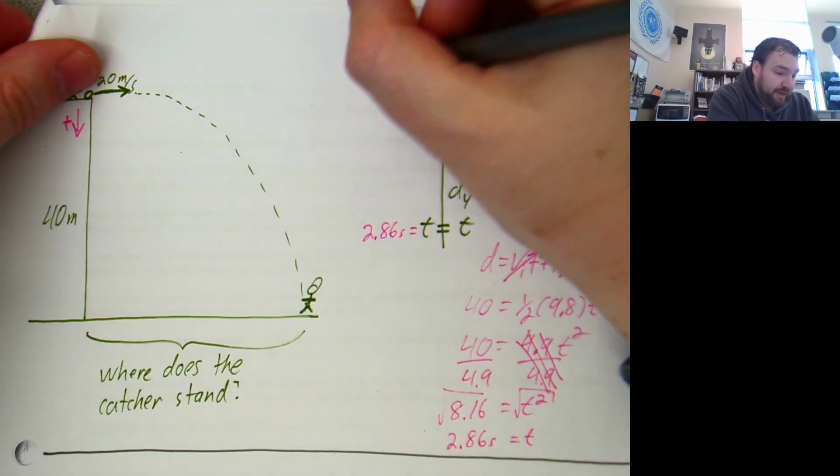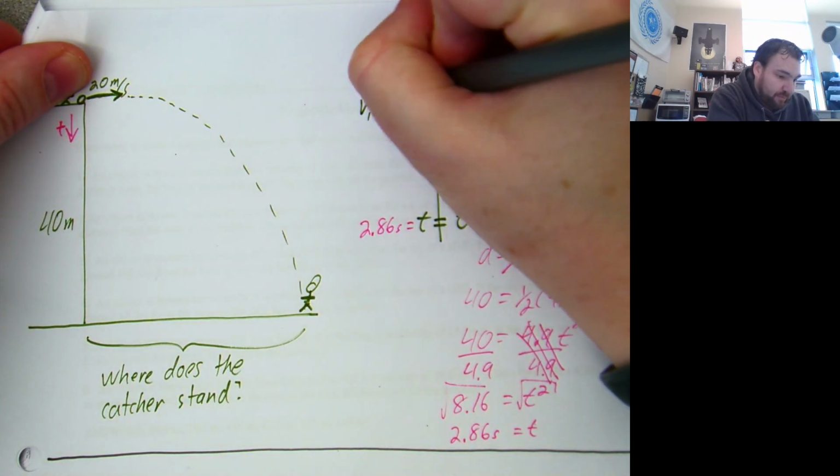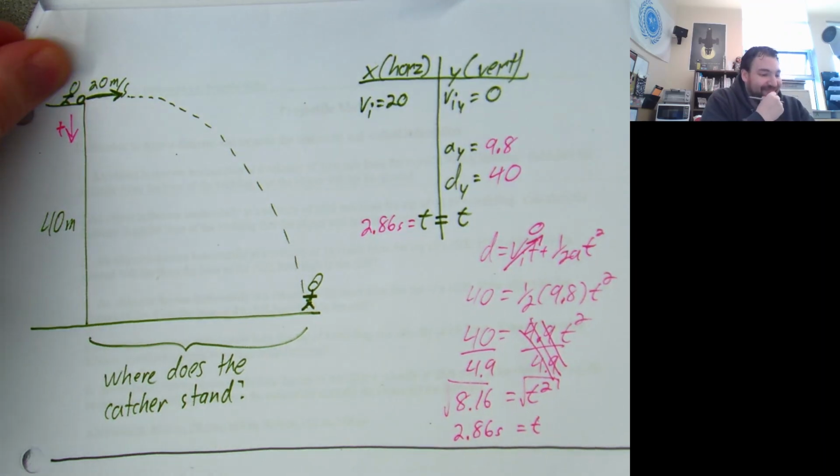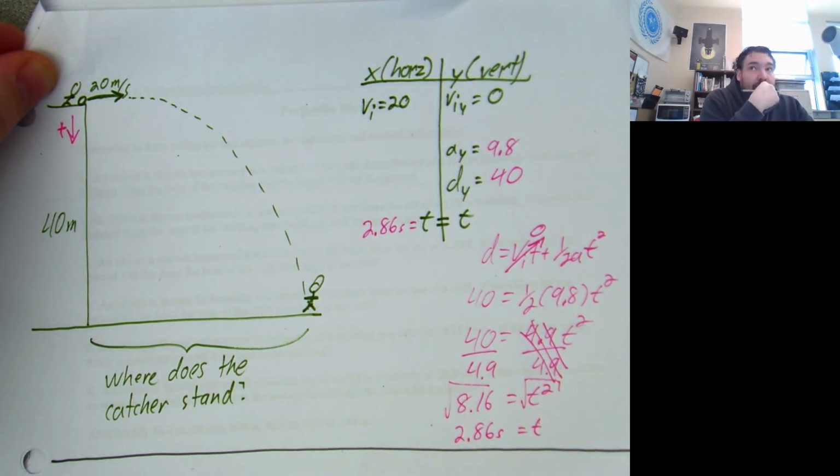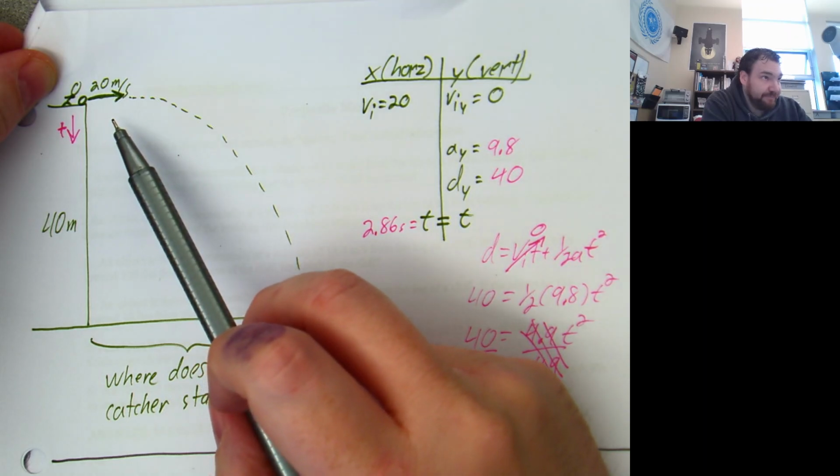The VI is 20. What else do we know? VF is not 0. Is there anything acting on the ball horizontally?